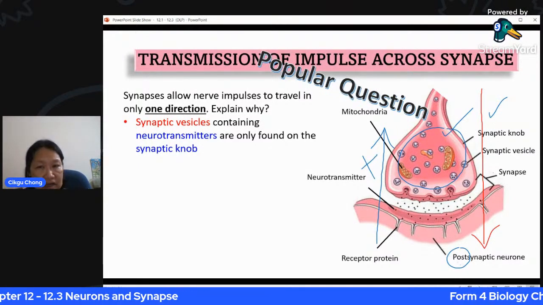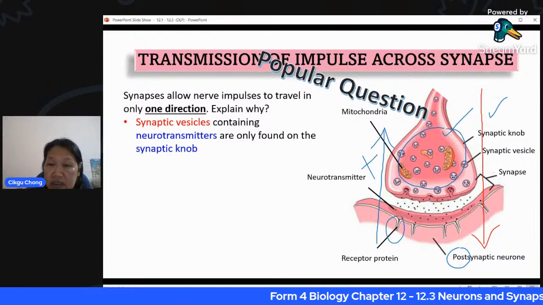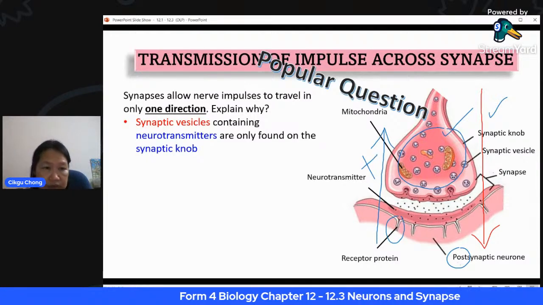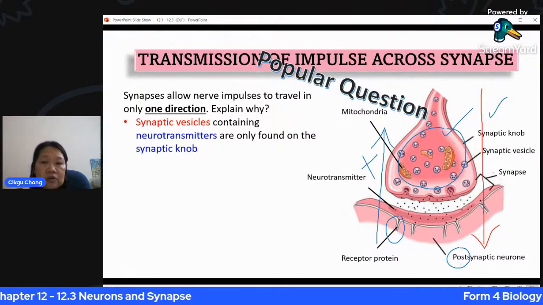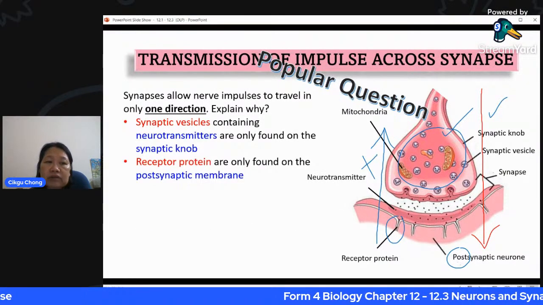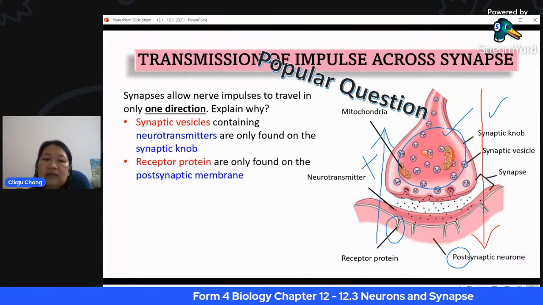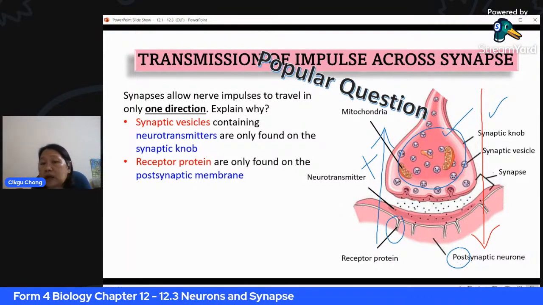And another answer: the one that receives the neurotransmitters is the receptor protein. The receptor protein is only found on the postsynaptic neuron, not on the presynaptic neuron. So the other answer is that receptor proteins are only found on the postsynaptic membrane. It's not the other way around.